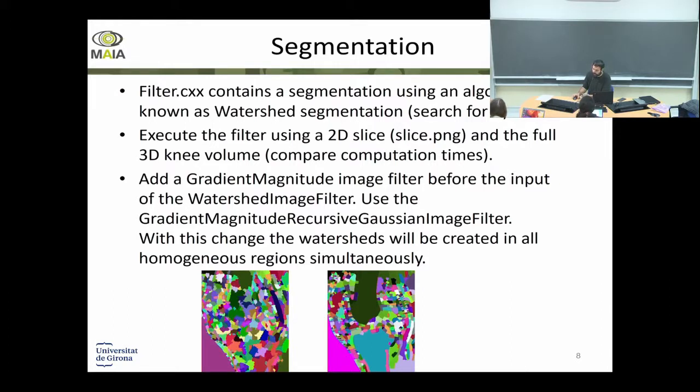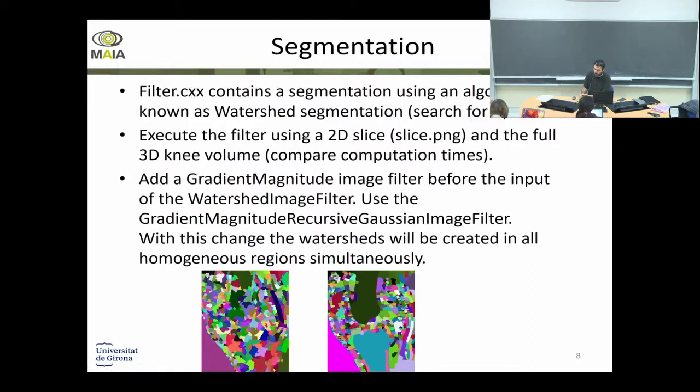So add a gradient magnitude image filter before the input of the watershed image filter, and use the gradient magnitude image filter, this name, which is the name in ITK of the gradient filter. With this change, the watershed will create regions in a homogeneous area simultaneously. What it means is that we're going to have a better segmentation than the one we had before.